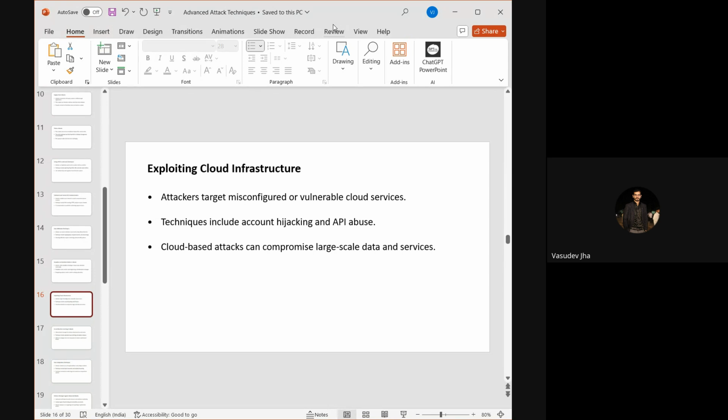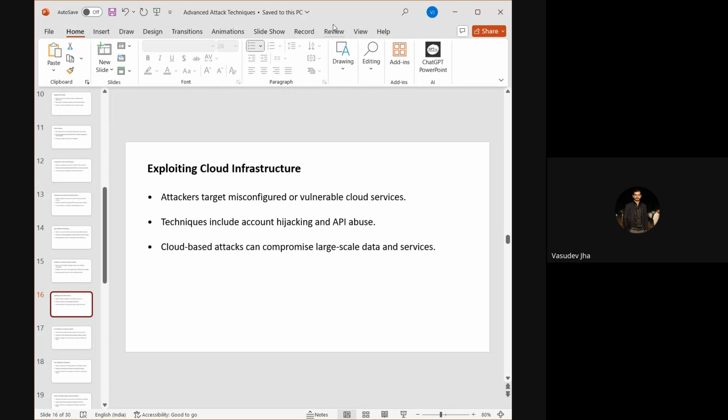Now, exploiting cloud infrastructure. Nowadays we are shifting from traditional databases or traditional servers to cloud. So attackers are also moving towards this. In this, attackers target misconfigured or vulnerable cloud services. Basically, these techniques involve account hijacking or API abuse.